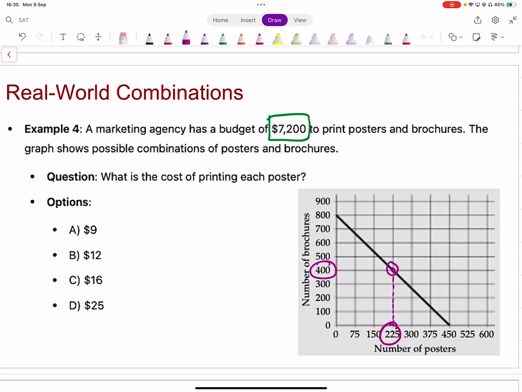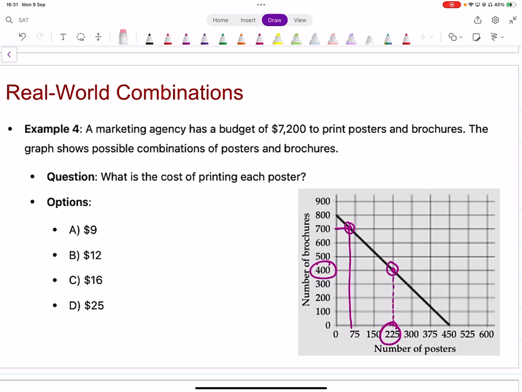That's what this point represents. Make sense? Now you could have any combination on this line. You could have this combination here, whatever the number of posters is and whatever the number of brochures is.